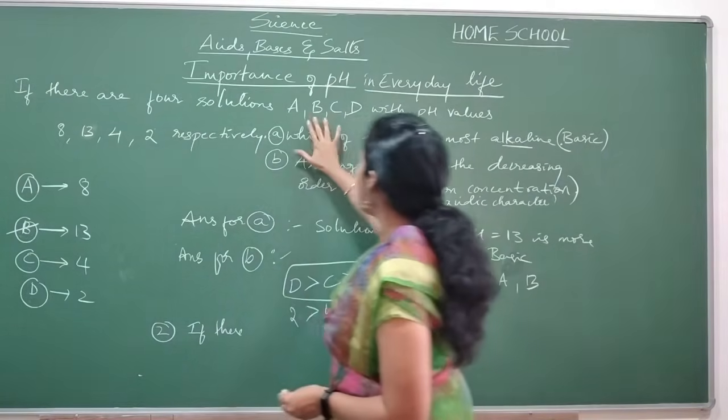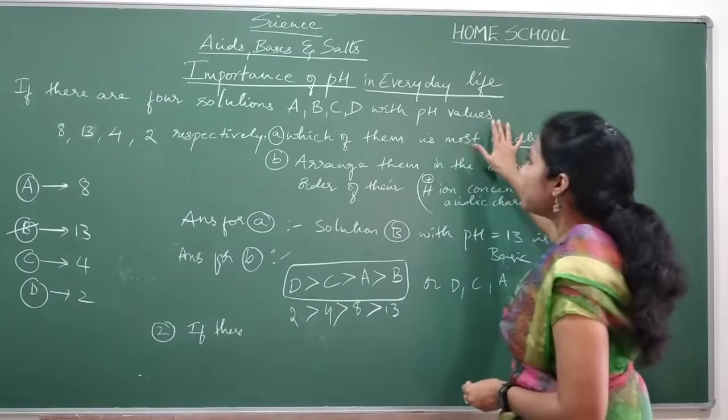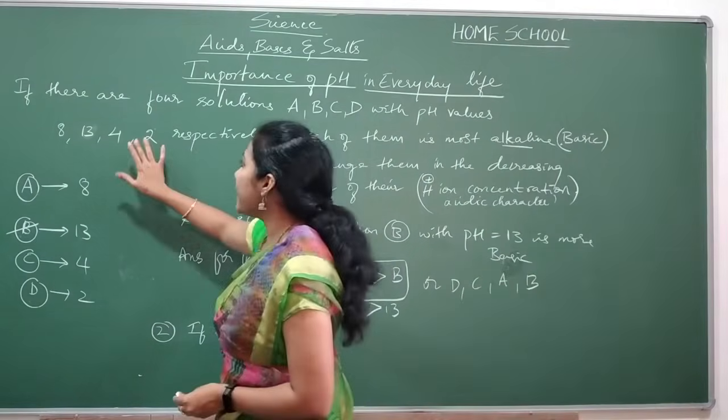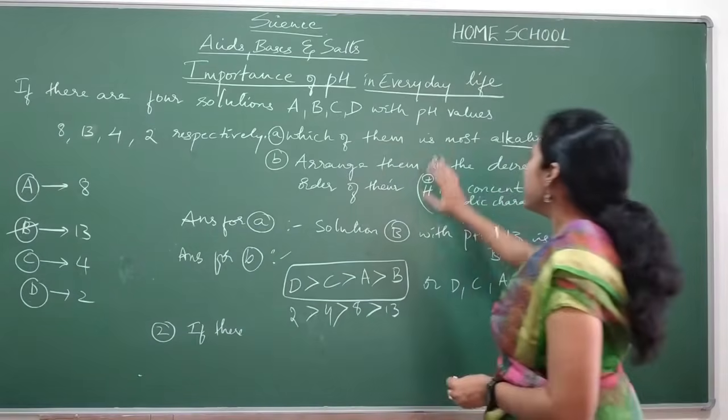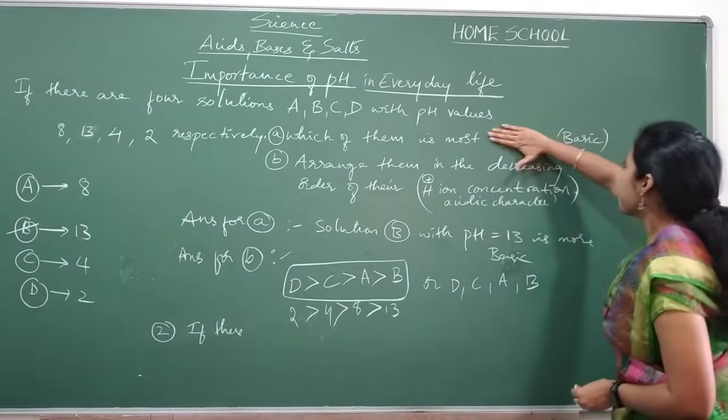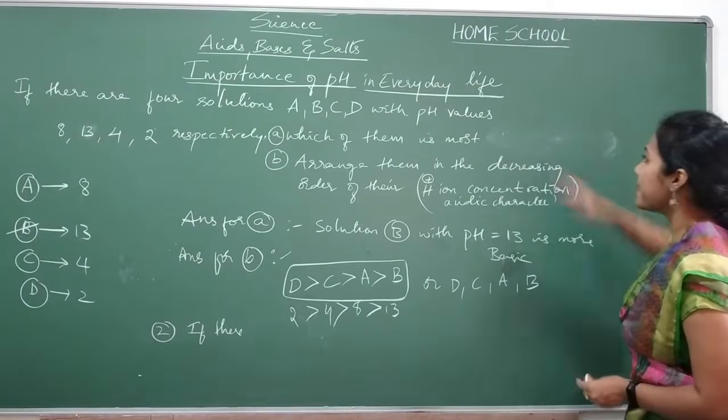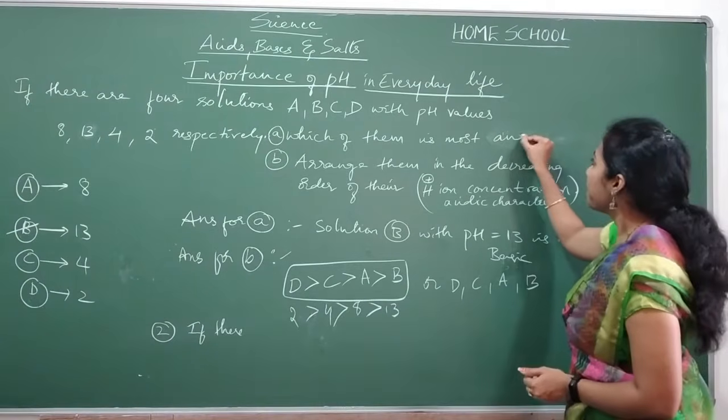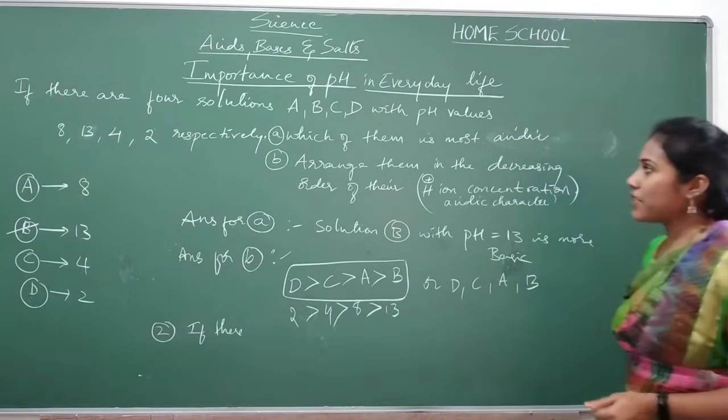If there are 4 solutions A, B, C, D with the pH value 8, 13, 4 and 2 respectively, which of them is most acidic? Okay, most acidic.